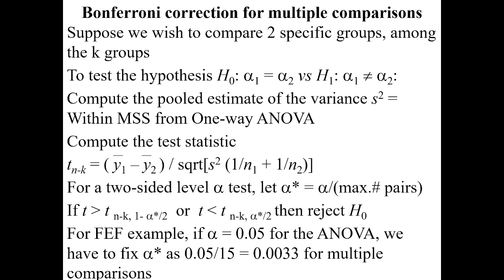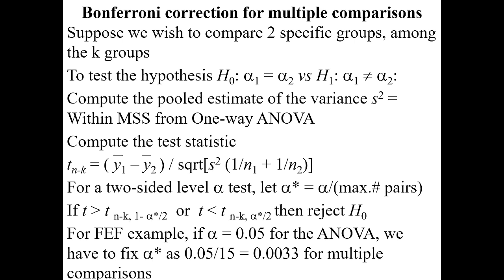For a two-sided level of statistical significance alpha, we define alpha star as alpha divided by the maximum number of pairs that you are going to test. Then you take a conclusion after arriving at the t test, based on this new alpha star.